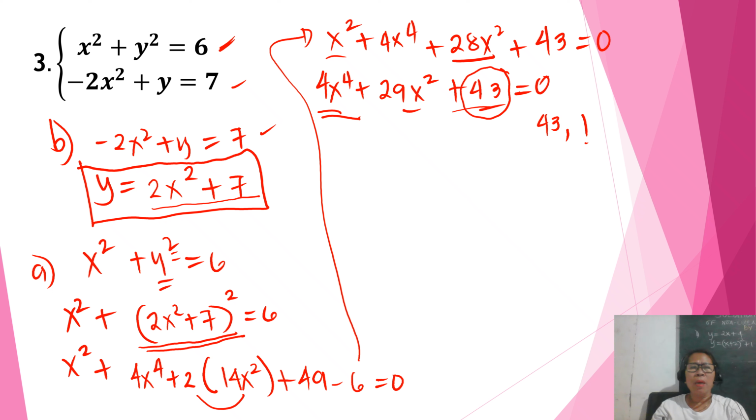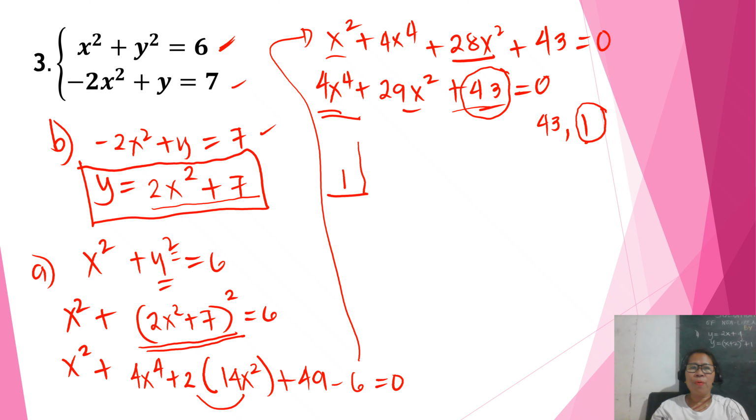So how do we solve for the value of x using synthetic division? We are going to check if that is a possible value of our x by writing all the numerical coefficients in descending order.